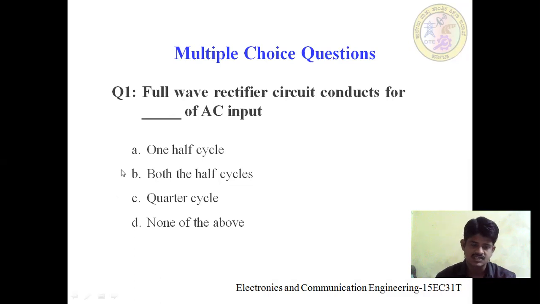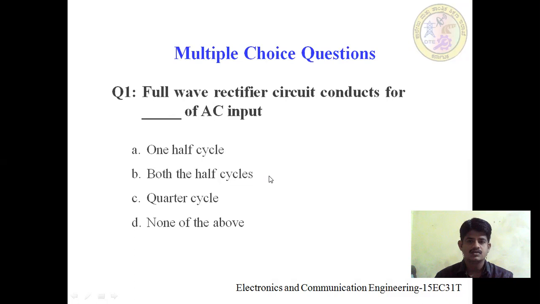So this is the correct answer. Then quarter cycle. Is it operating for the quarter cycle? No. So this is also not correct. None of the above is not correct, because we have the correct answer available here. So for question number one, the correct option is option B, both the half cycles.